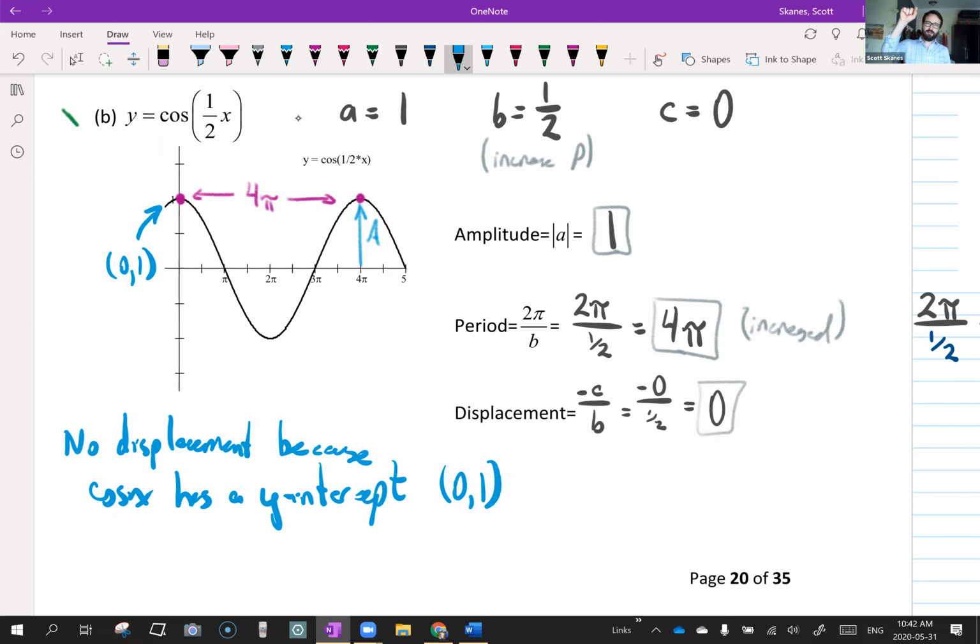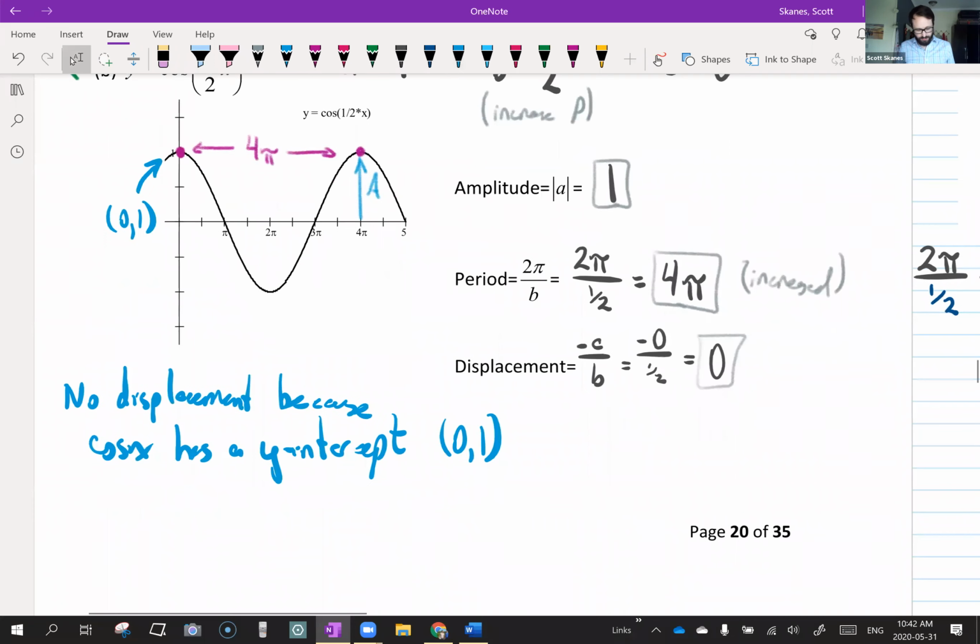So the cosine starts on a hill and then starts going down. Sine starts in the center and starts going up. So cosine hasn't been shifted because this is where it started in the first place. If you want me to show you what I mean, this is our basic cosine function. Our y-intercept hasn't moved.